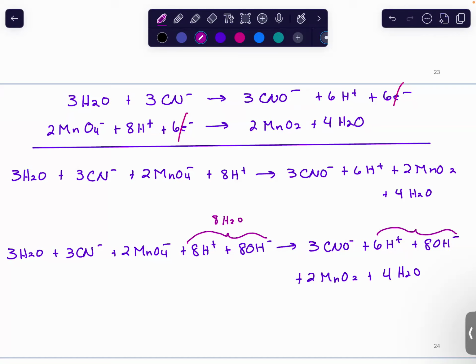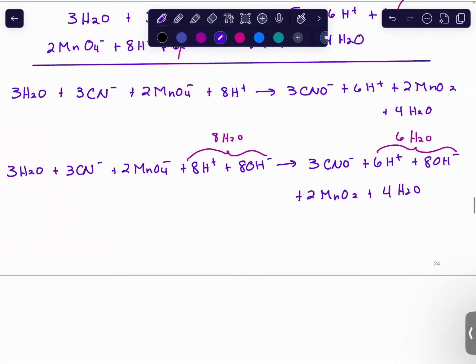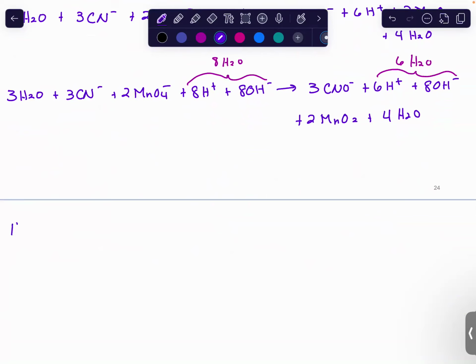What do those 6 protons and 8 hydroxides give me? Yep. So 6 waters with 2 hydroxides left over. Okay, now on the left side, I have 8 water molecules and 3 water molecules. That's going to give me 11.